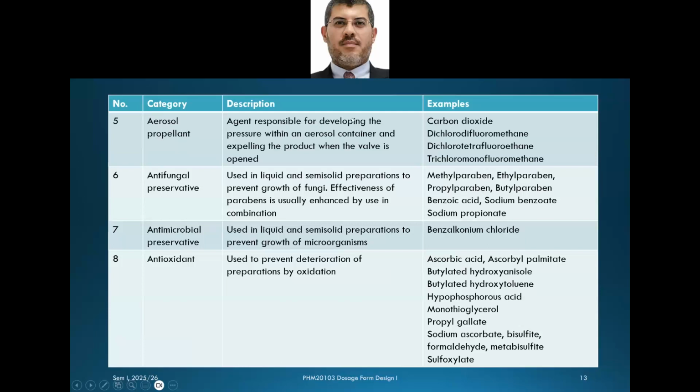These are agents responsible for developing the pressure within an aerosol container and expelling the product when the valve is opened. Examples are carbon dioxide and the fluorocarbons, different fluorocarbons like dichlorodifluoromethane, dichlorotetrafluoroethane, trichloromonofluoromethane.